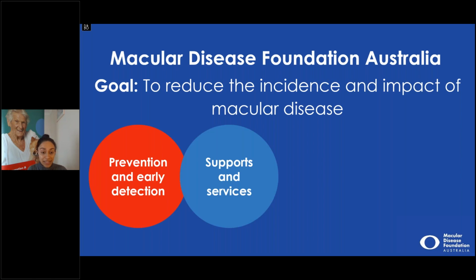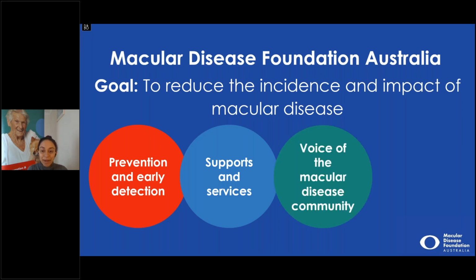Our second pillar is support and services. We provide support for the macular community, and we also facilitate access to other support services. I'll talk a little bit more about this in a moment. Our third pillar is voice of the macular disease community. It's our privilege to advocate on behalf of the macular community to state and federal government, designing policies and making sure things such as Medicare benefits are not cut.